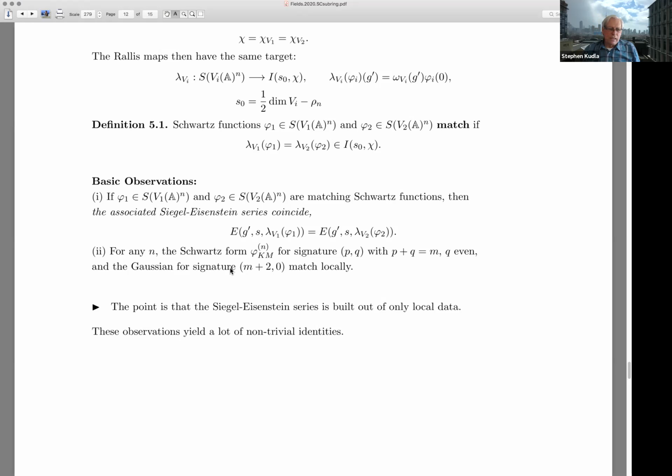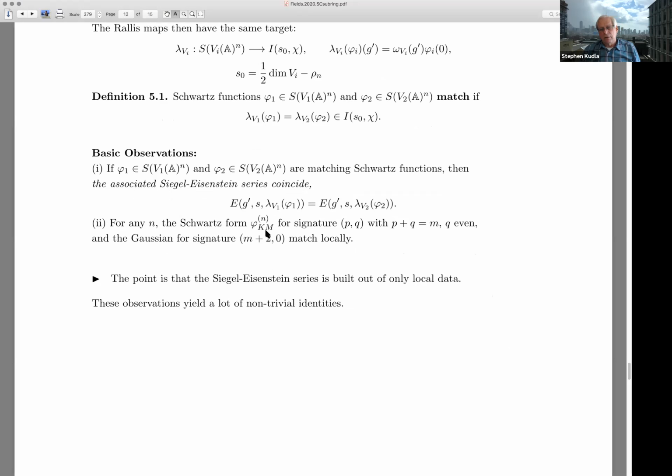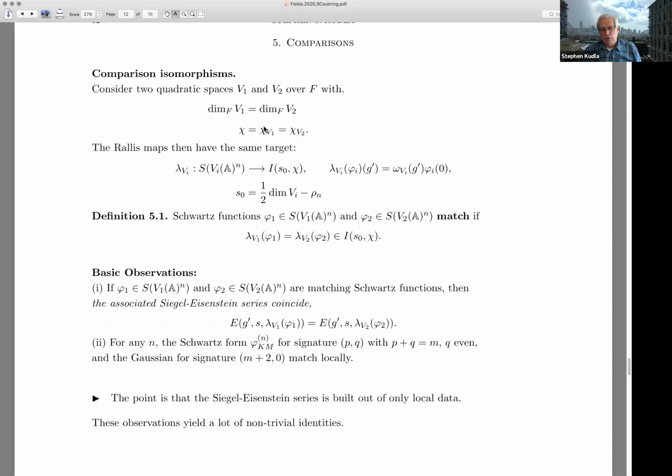So in any case, the point is that the Archimedean part that we're choosing, remember we're using these Archimedean Schwartz functions, that the Gaussian and the M2 guys locally match. This is something I didn't mention, but in fact, remember, let's suppose the two quadratic spaces are the same over the finite places.